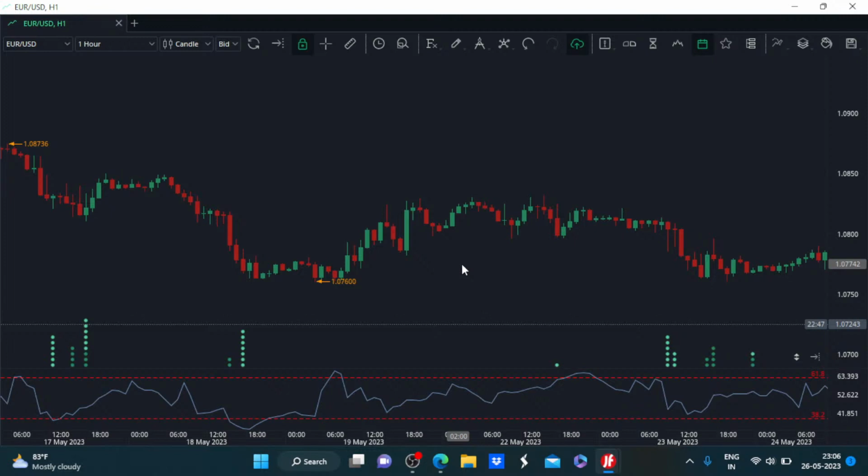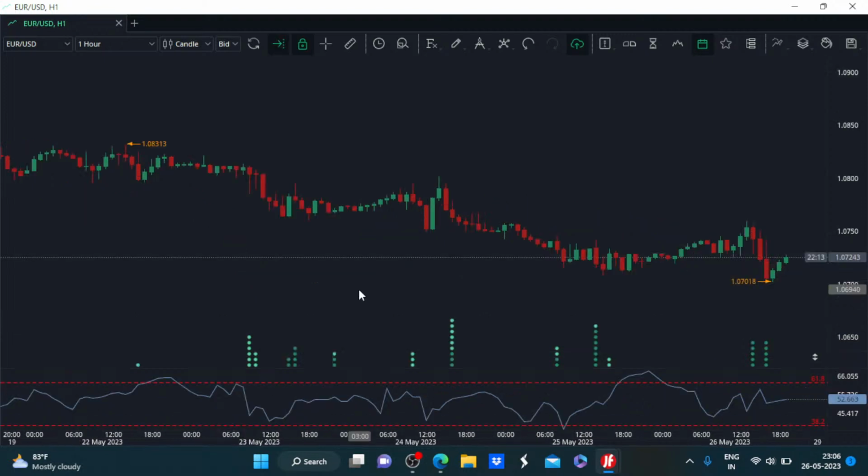And vice versa, when the choppiness index starts moving to the lower side from the higher side, that is also a signal that the underlying instrument is now likely to trend after having remained in a consolidation phase for an extended period of time. So you can make this assessment using this indicator and take the trades accordingly.